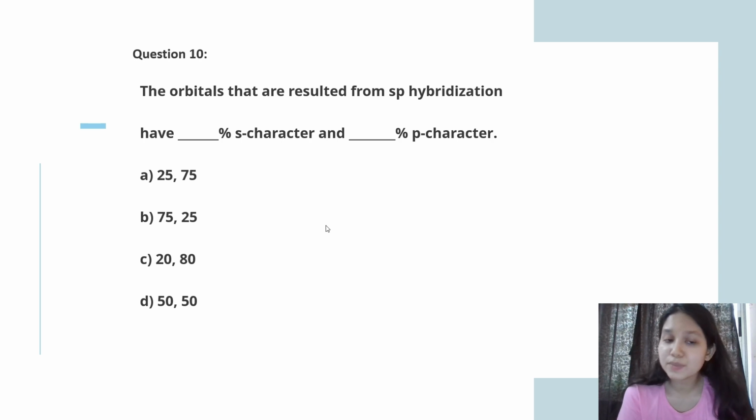The next question: the orbitals that result from sp hybridization have dash percent s character and dash percent p character.